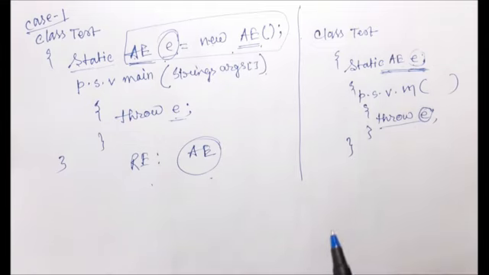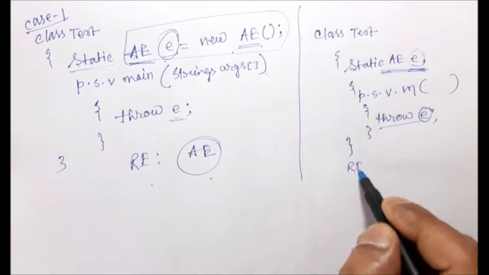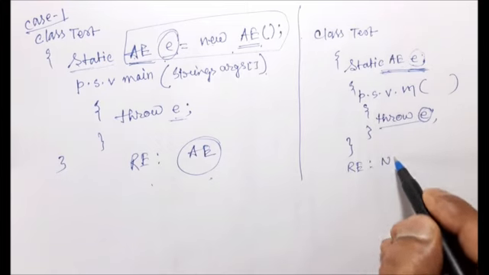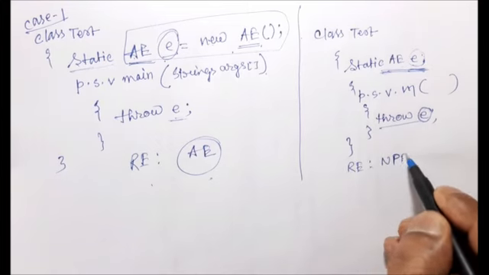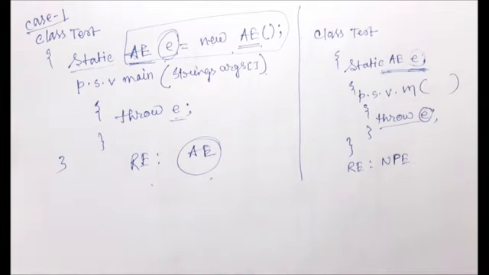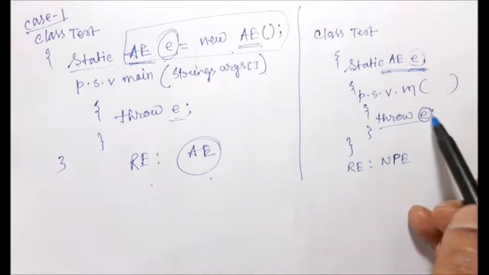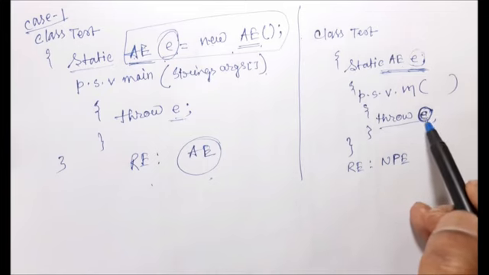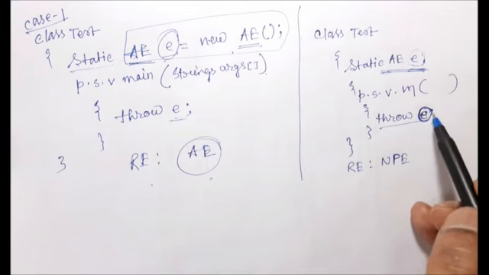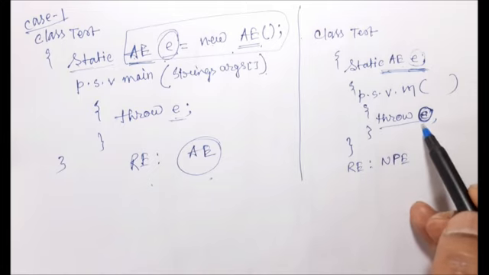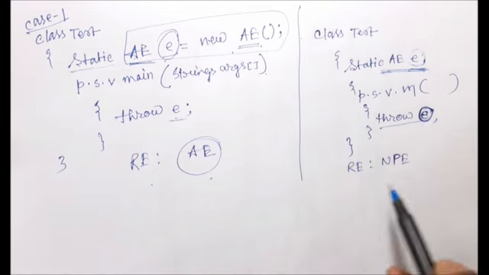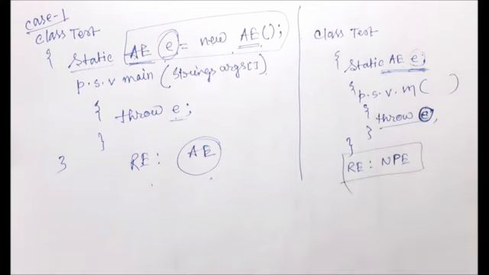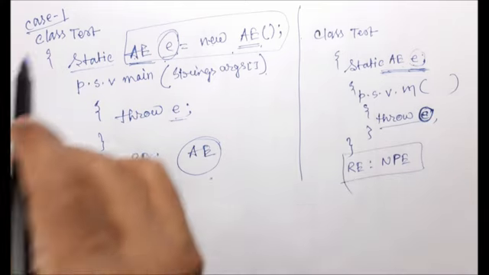So at runtime I will get a null pointer exception. Why? Because E is not pointing to any exception object, so it is pointing to null. So I will get a null pointer exception.